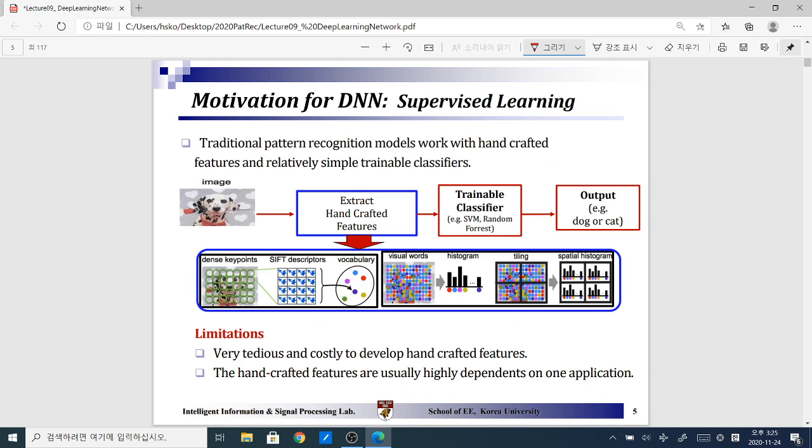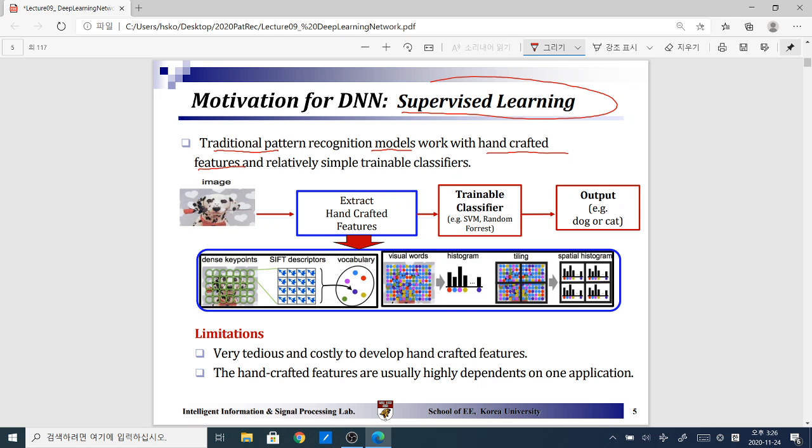Okay, for example, in the supervised learning application, the traditional models, which use handcrafted features, would be encountering, as I said, a lot of limitations.